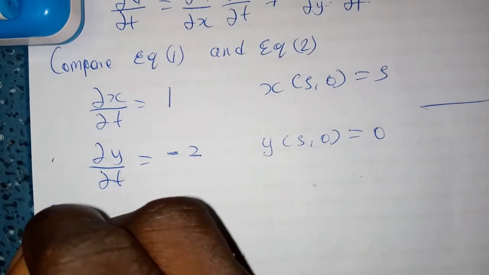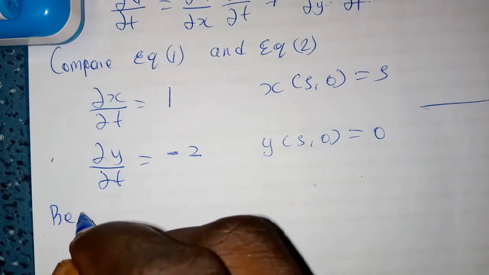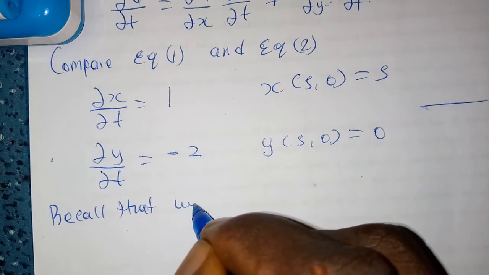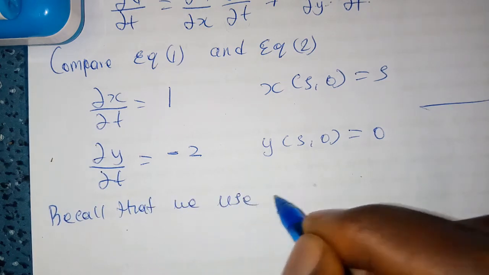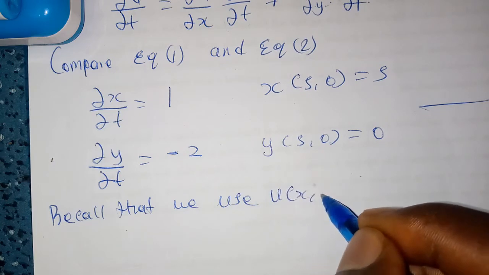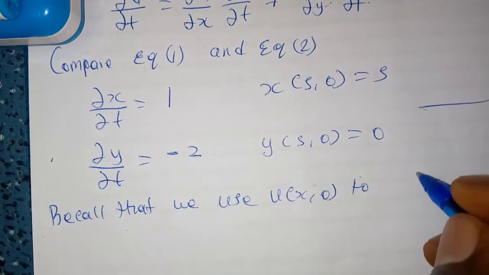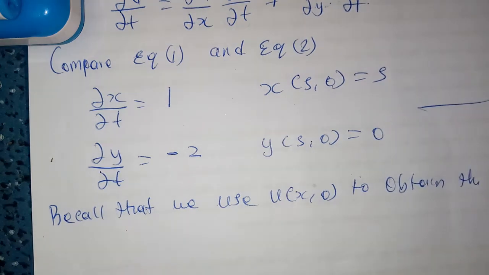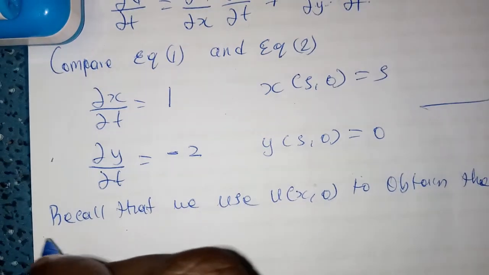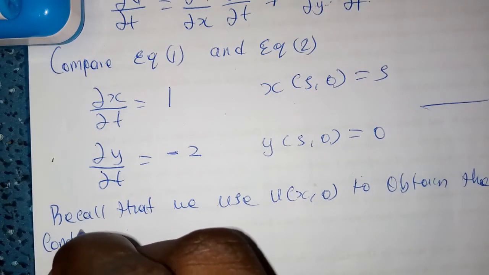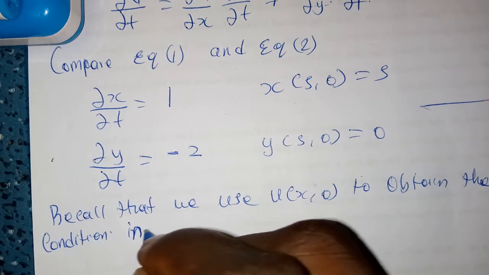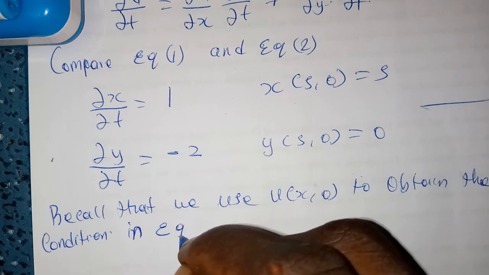So now recall that we use u of x comma 0 to obtain the initial condition in equation 3.